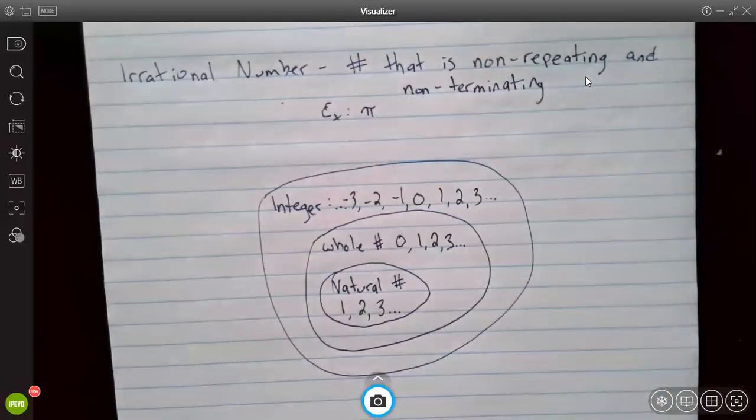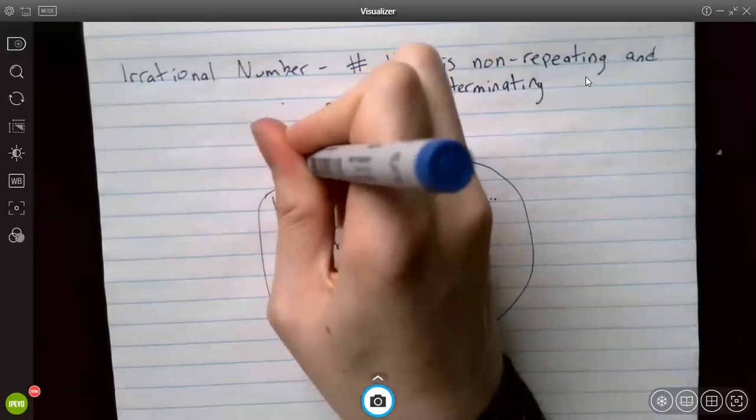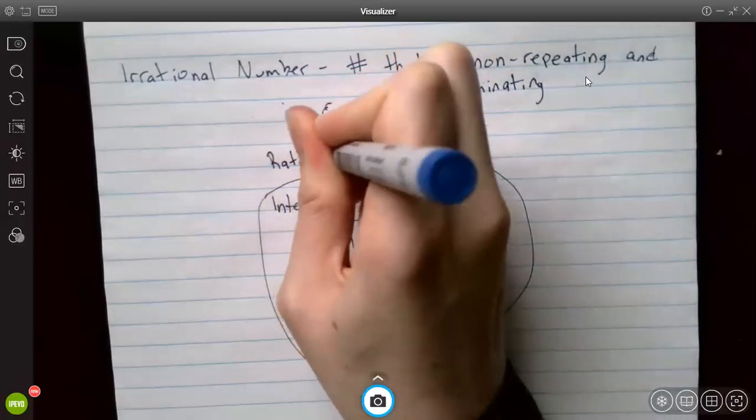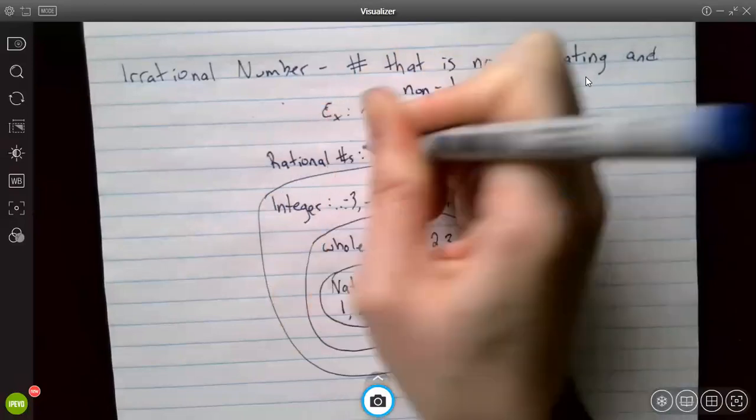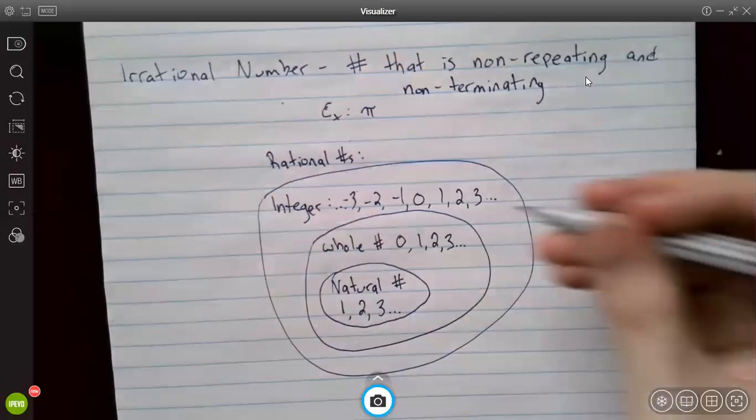Then we get to our next category, which is the rational numbers. The rational numbers are numbers that either repeat or end.